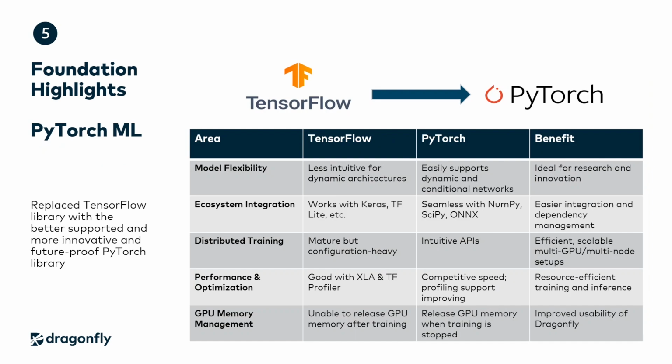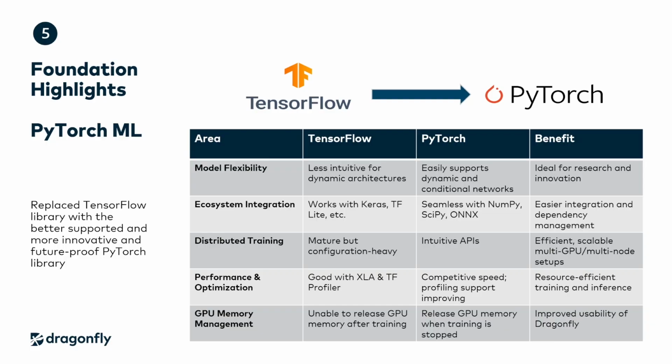Another fundamental change we have made to the software is a change in our deep learning engine. To ensure that Dragonfly continues to offer state-of-the-art implementations for transformative image processing, this software release marks the migration to PyTorch from TensorFlow for deep learning applications.